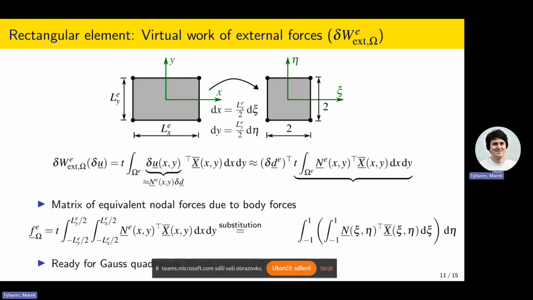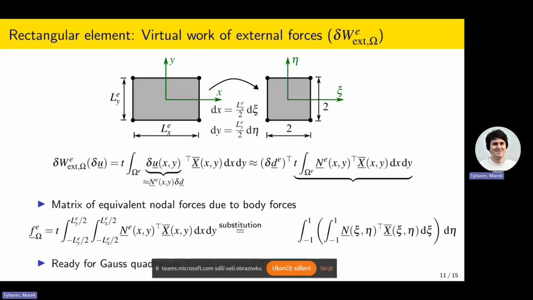And essentially, we replace x by this guy here, and y by the guy here, as functions of psi and eta. And in front of that, we add this constant here, Lx Ly over 4. And I forgot this t here, so it should be like this: Lx Ly t over 4.